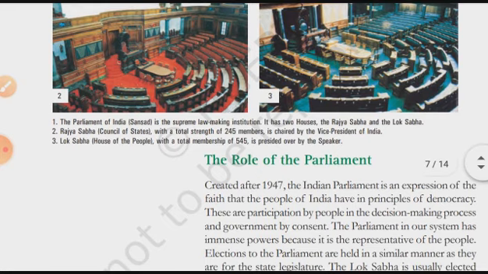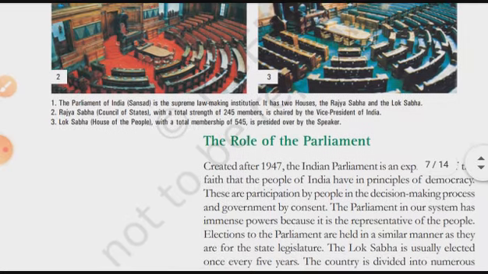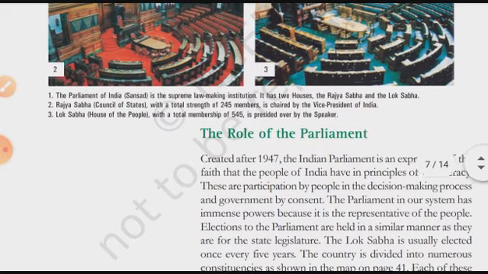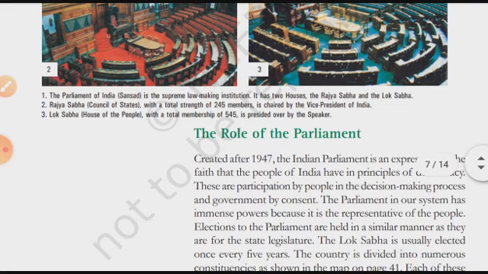Then they have given the Lok Sabha, the House of the People, with a total membership of 545, presided over by the Speaker. It is mainly headed by the Speaker, known as the Lok Sabha Speaker.